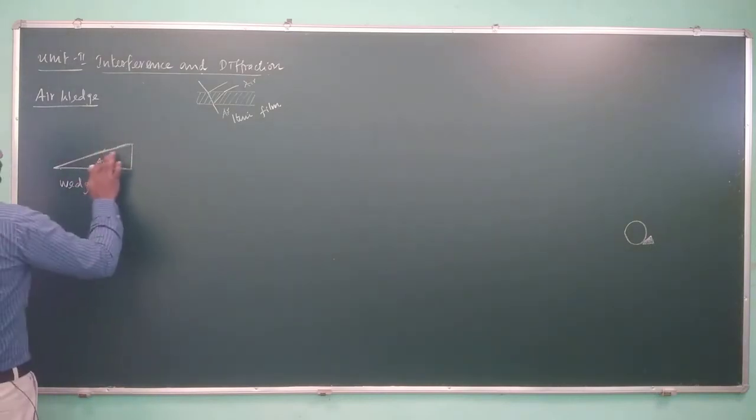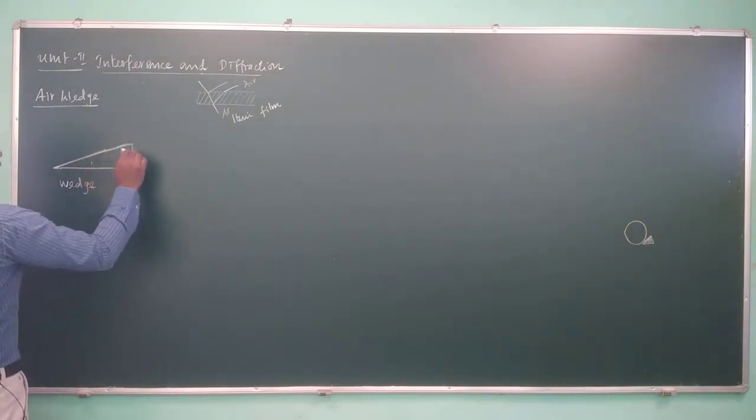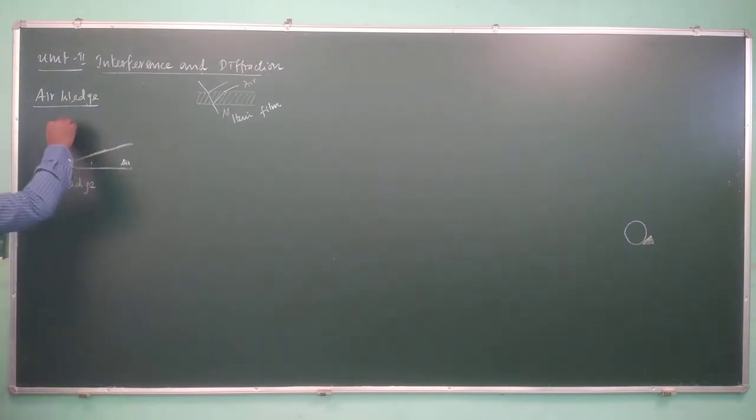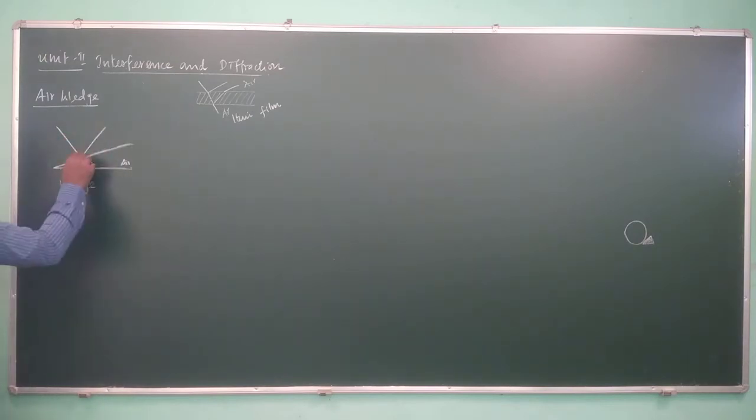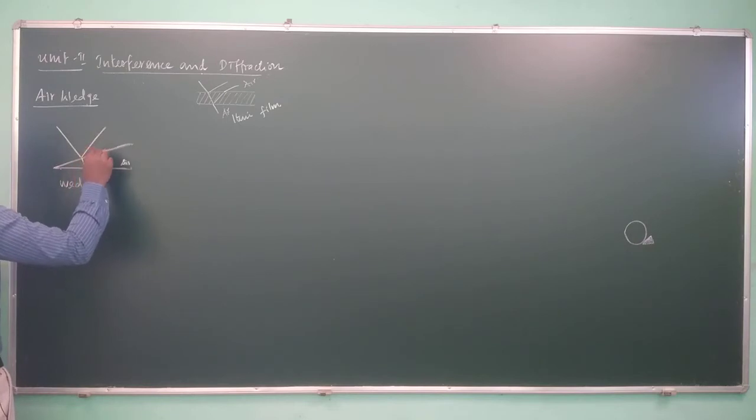Say for example, this is the air gap. Assume that there is an incoming incident light ray, source S. It is reflected at this point, and a portion of the light is refracted into the bottom glass and again reflected, and then refracted out of the glass plate.